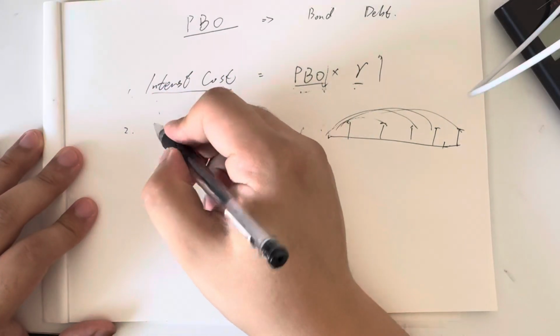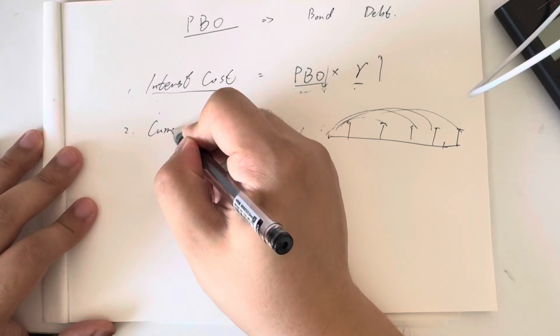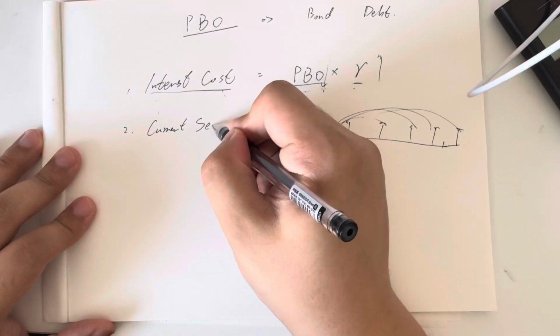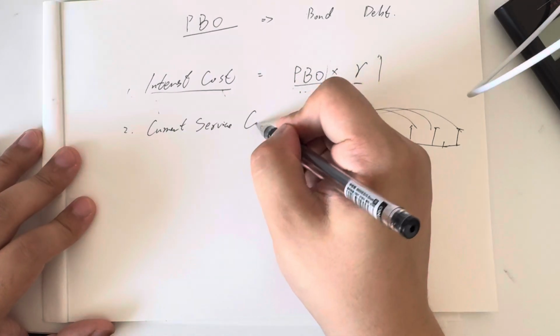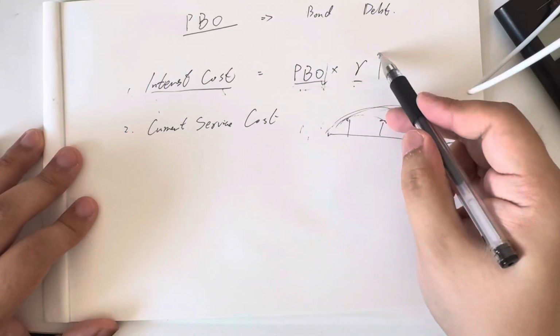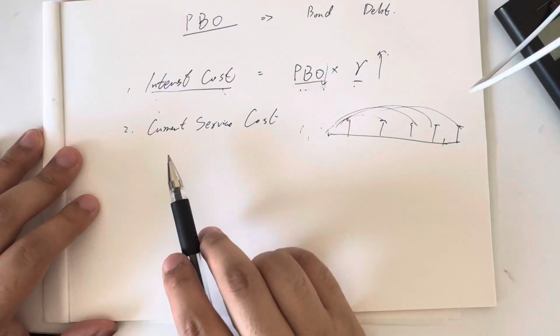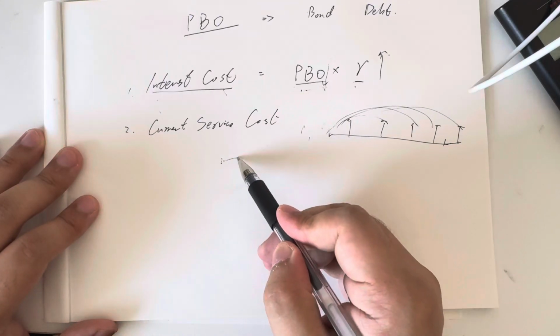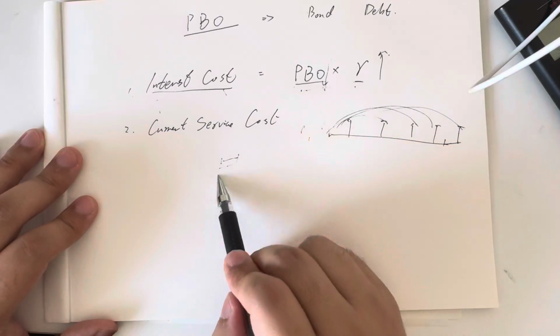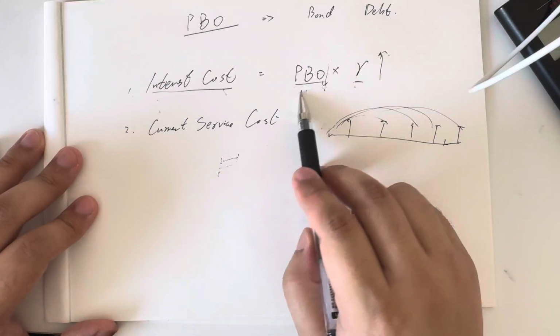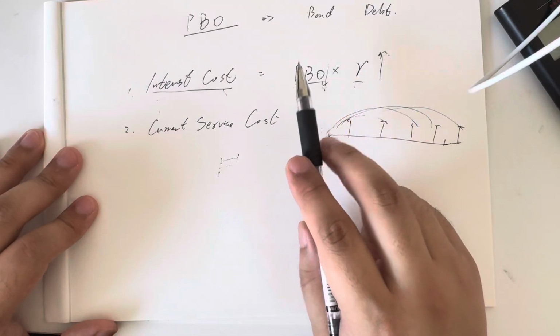What about the current service cost? The current service cost means that for every additional year the employee works for you, the future PBO will be higher.